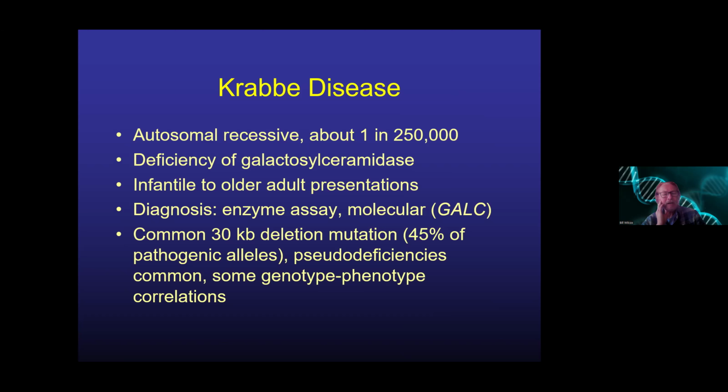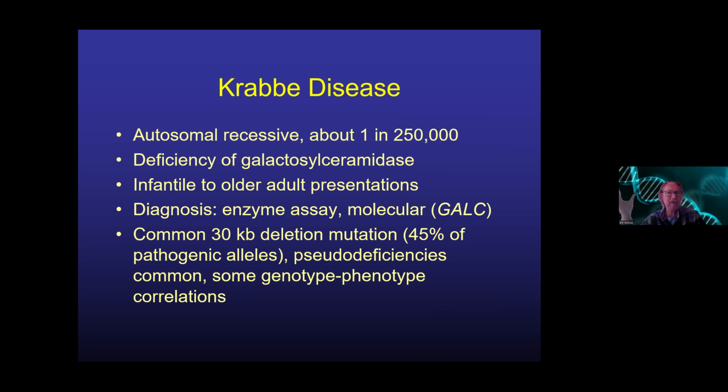There's a common 30 kb deletion mutation. It's 45% of the pathogenic alleles. And if you're homozygous for this, you have the severe form, obviously. And there are pseudodeficiencies that are relatively common.